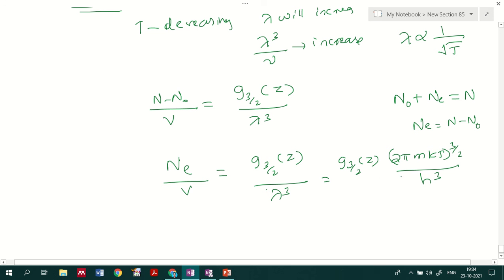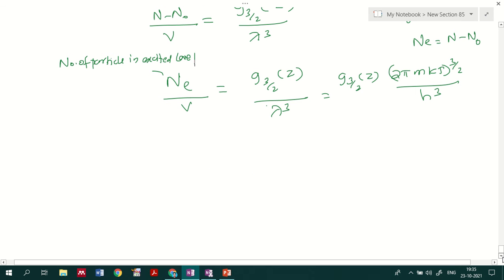So what is this Ne? Ne is the number of particles in the excited energy levels. In that situation we have to consider z equal to 1. As Ne increases, g3 by 2 of z will also increase.